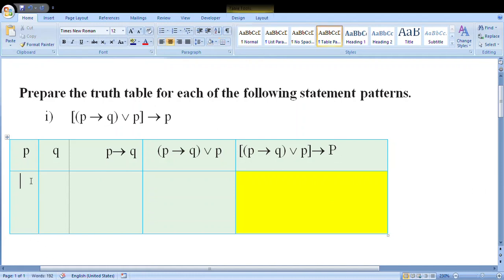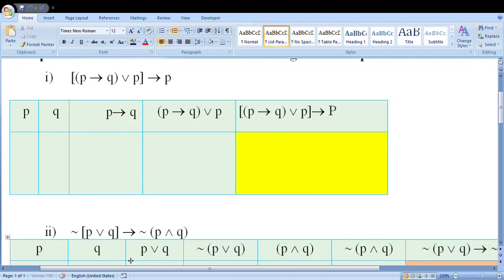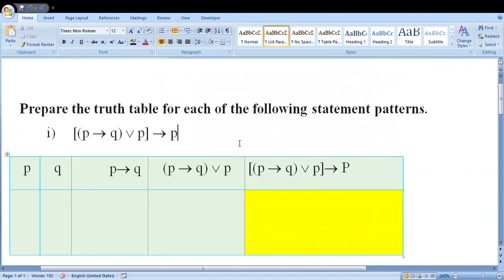Now, let us discuss the entries in a truth table. How to find the entries? It is always 2 to the power of the number of statements.